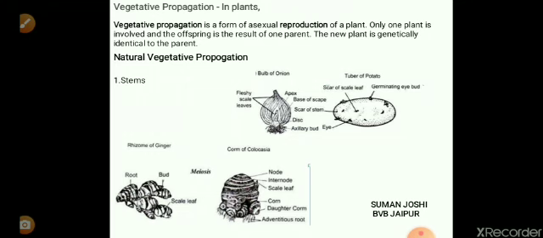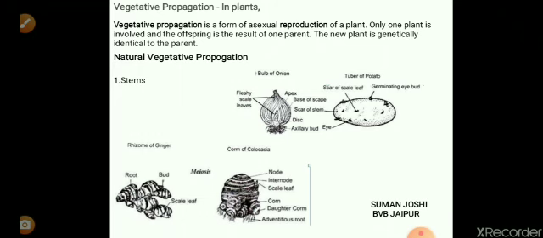The stem may be underground or subaerial, and some part may act as vegetative propagules. Now here I'm using the term propagules. A propagule is a structure present on the plant which can form a new plant. So first we'll see examples of natural vegetative propagation through stem.